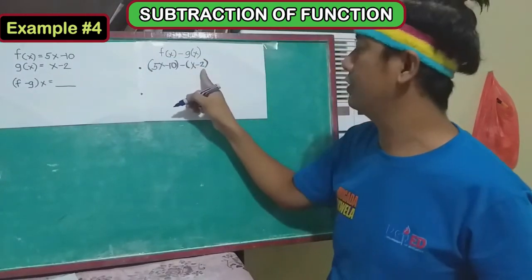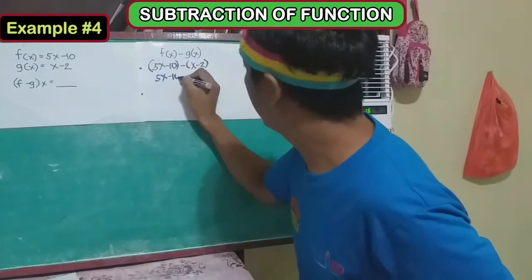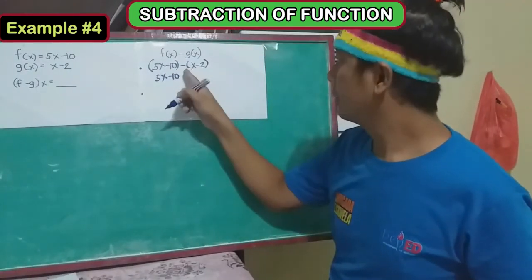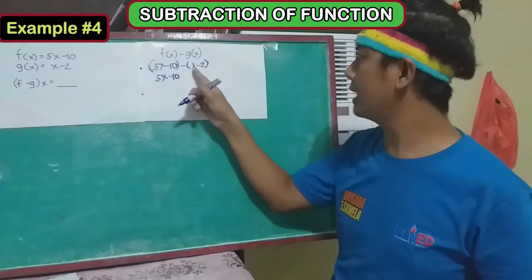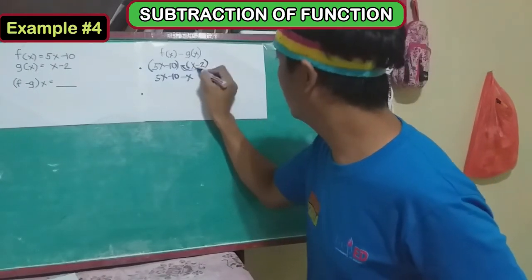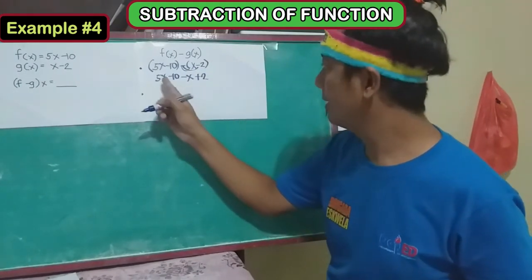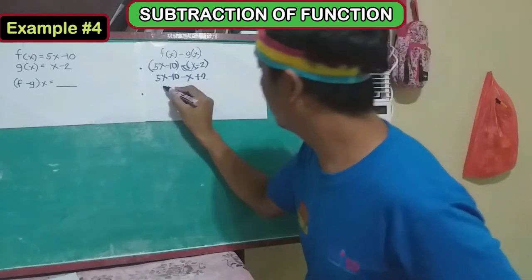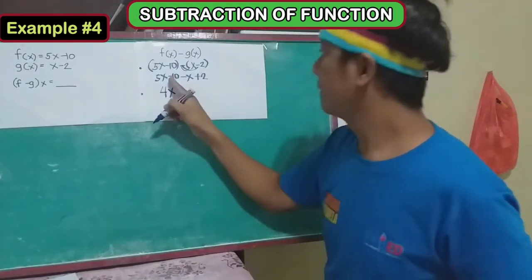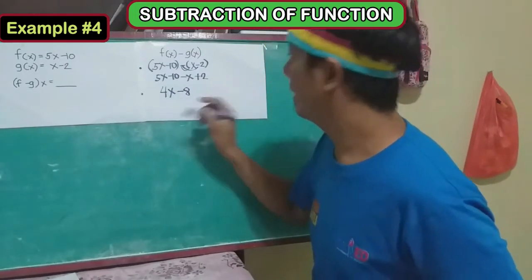Ito yung function of g. So, 5x minus 10 minus x minus 2. Magiging negative x, magiging plus 2. Ngayon, simplify. 5x minus x, 4x. Minus 10 plus 2, negative 8. Answer.